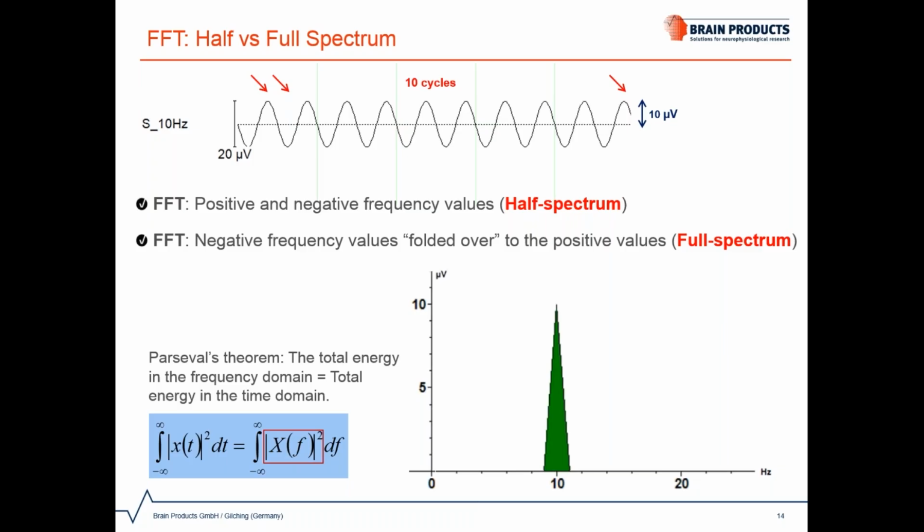It's also important to bear in mind that by applying FFT, we are preserving not only the spectral content, but also the energy of the signal. Please note that statistical analysis is not influenced by the computation of half or full energy, as long as the same computation technique is used for all datasets that go into the statistics.